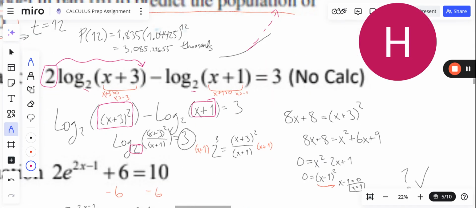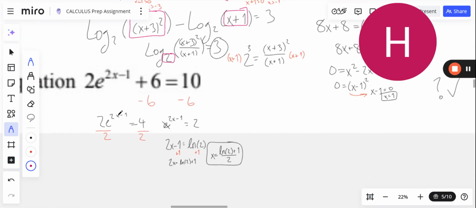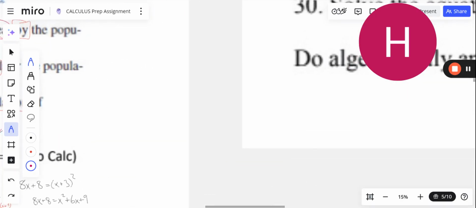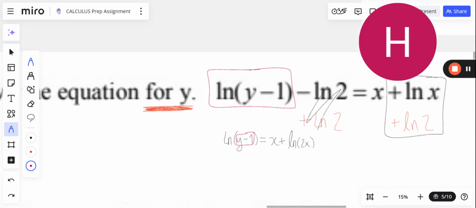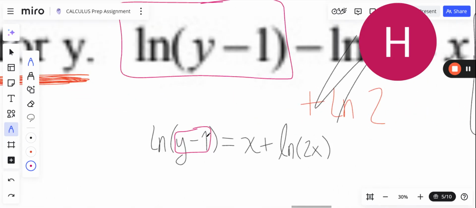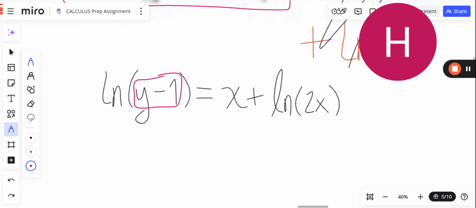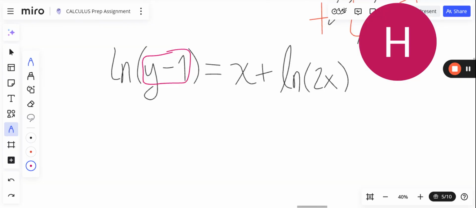That was down here. I could not access the exponent, the 2x minus 1. I had to change it to logarithmic form, which talks in strictly exponent terms, and then I could access that. So in this case, I cannot access the inside. I would have to turn this to exponential form, and then it would just be on the base floor. It will not be in the exponent.